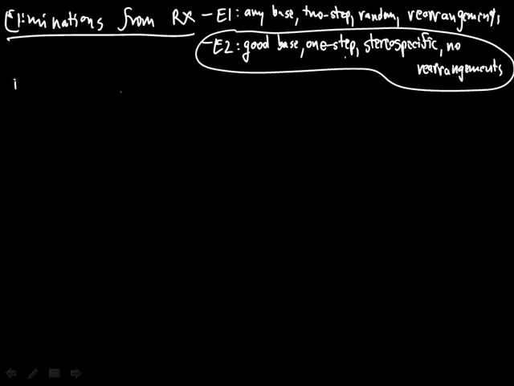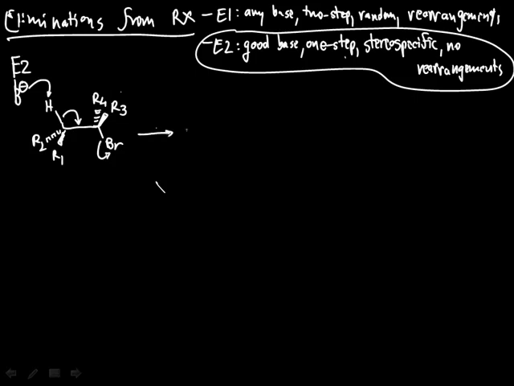Let's look at the E2 reaction once again mechanistically. The reaction starts with the base. The base will react with this anti-periplanar conformation of our starting material. So if these are our substituents, R1, R2, R3, and R4, the base will abstract this hydrogen, which will then form the double bond and finally eliminate the bromide to give BH plus Br minus plus an alkene.